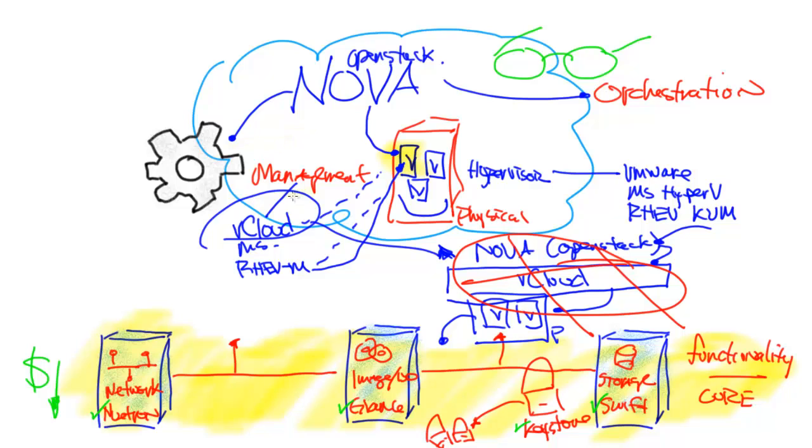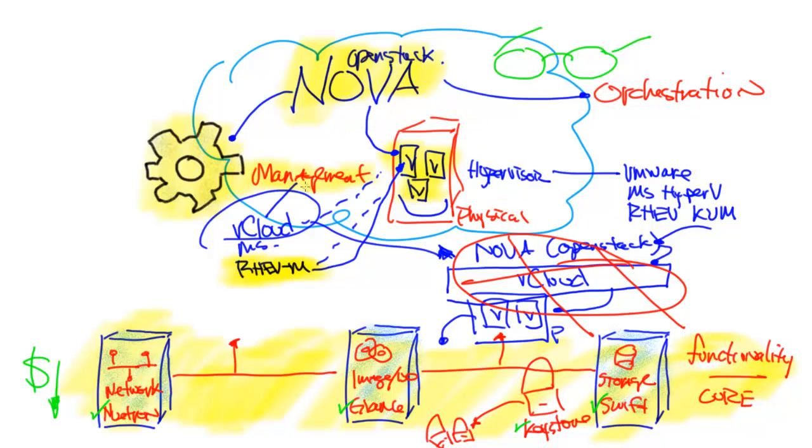So you want to be able to take whatever your management is now. We'll use Red Hat because it does this natively today. RHEV-M for your management, right? Remember, we're talking about management here. We want to inject Nova, OpenStack, as a manager, and we're managing these hypervisors.